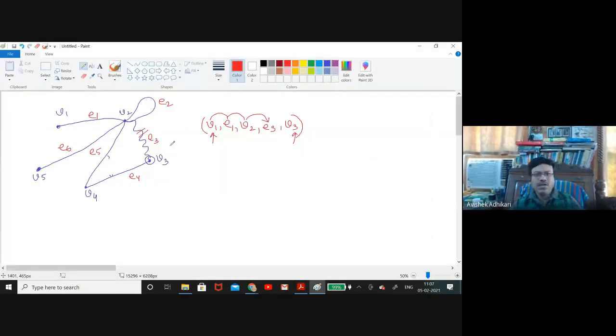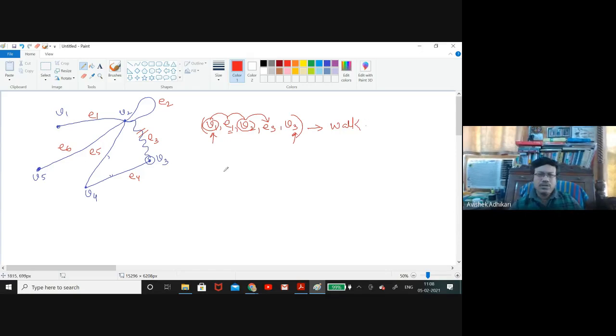Each edge must have some vertex at the beginning and at the end. And it's an alternating sequence of vertices and edges. So this is an example of a walk.